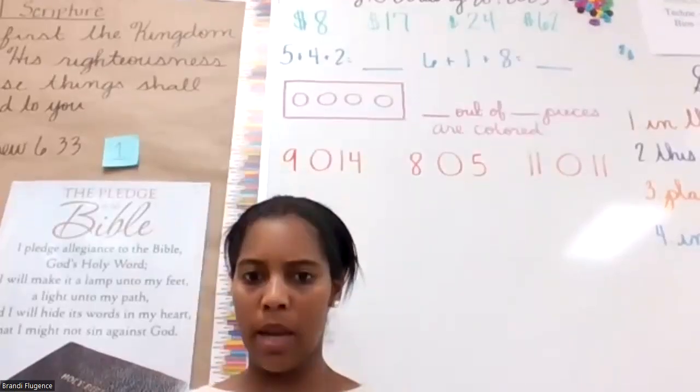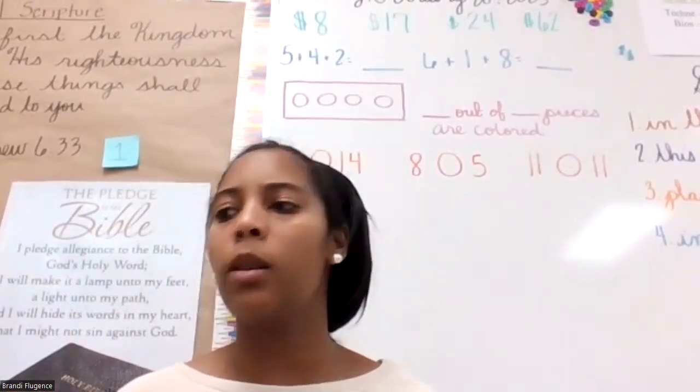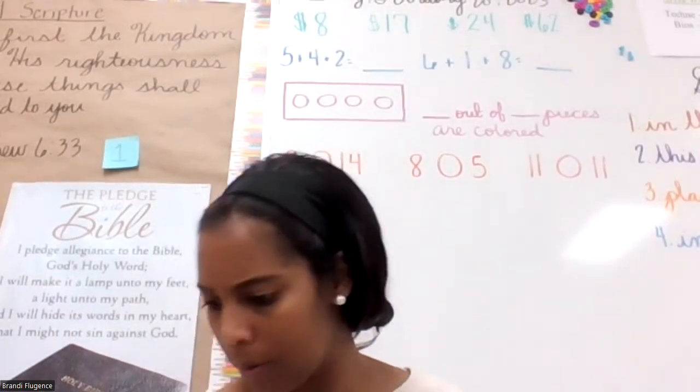All right. So guys, for 62, it should have been 3 20s: 20, 40, 60, and then $2. 1, 2. That's what it is. All right, good. So that was how we made $62. Let's go ahead and cover a couple of things on the board, and we'll move on to our writing lesson.